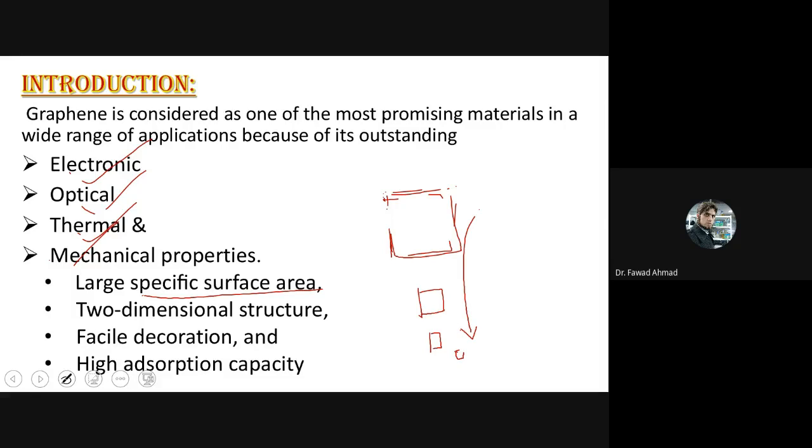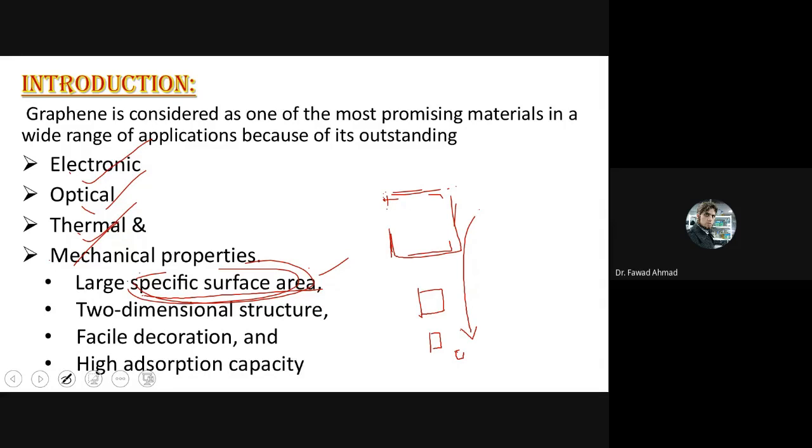I told you that it is because of the increase in the surface area. So the highest catalytic activity is because of the surface area, and then we differentiated surface area and active surface area. So that is one of the properties of graphene: it has a large surface area, and that is the reason it is used in a variety of applications.